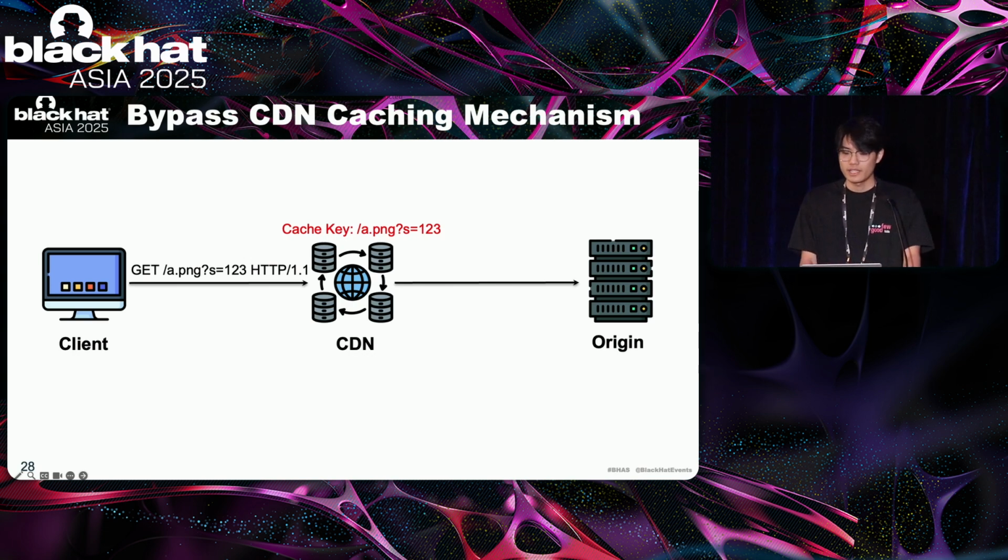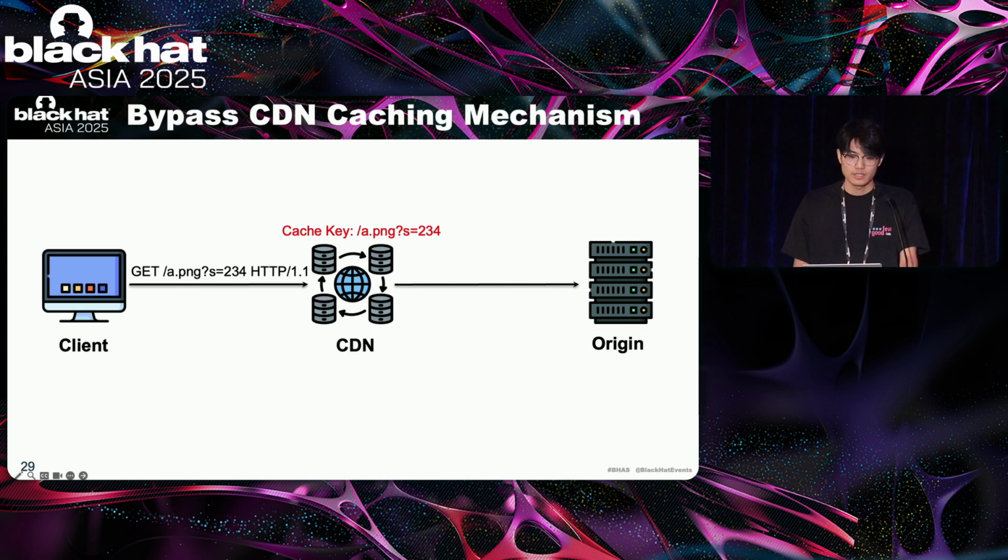For example, if we add a parameter like s equal to 123 to the request URL, the CDN will treat this as a separate cache key. This means it will cache the response for a.png with the parameter s equal to 123 separately from a.png, even though the base path is the same.